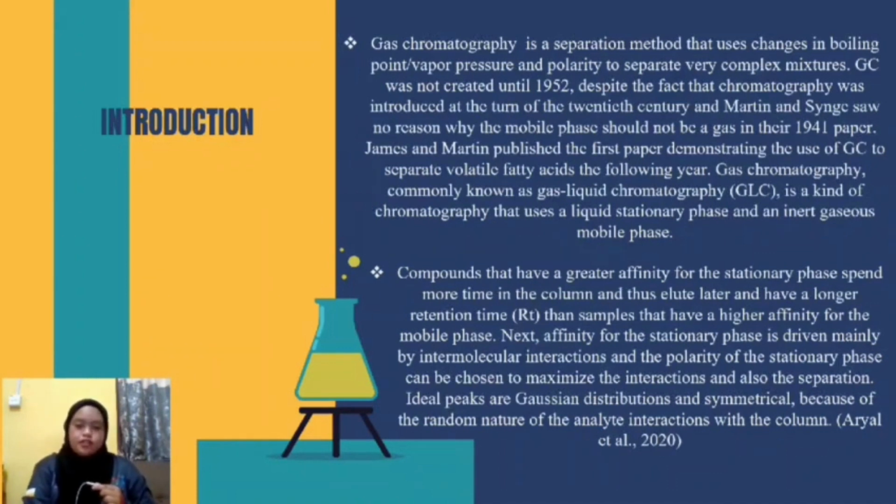Besides, affinity for the stationary phase is driven mainly by intermolecular interactions, and the polarity of the stationary phase can be chosen to maximize the interactions and also the separation. Ideal peaks are Gaussian distributions and symmetrical because of the random nature of the underlying interaction with the column.